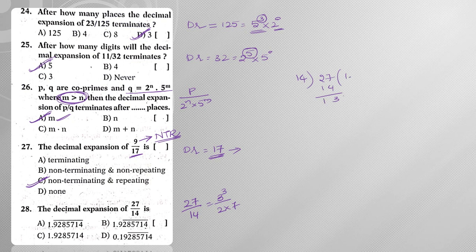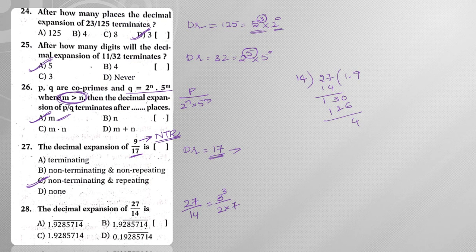When you take the decimal point, we have 130. 130 means 9 times, so 14 nines are 126. We will be left with 4.